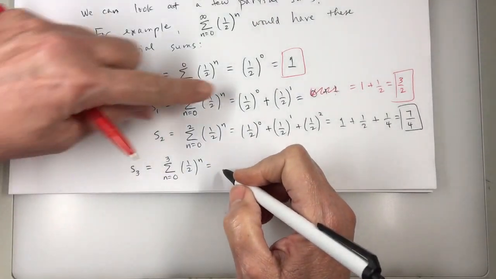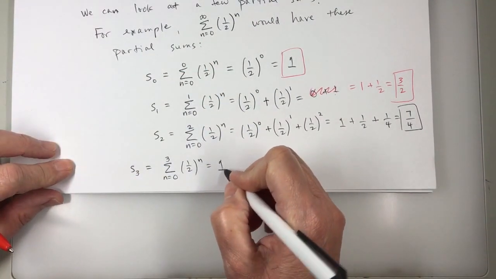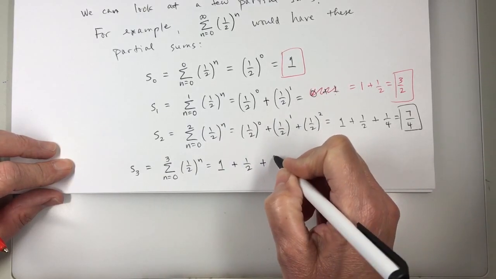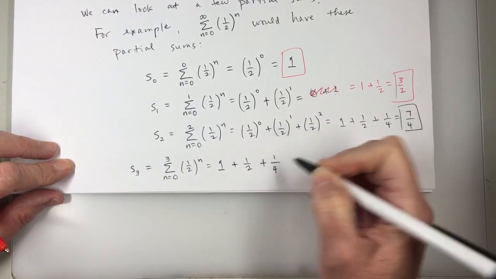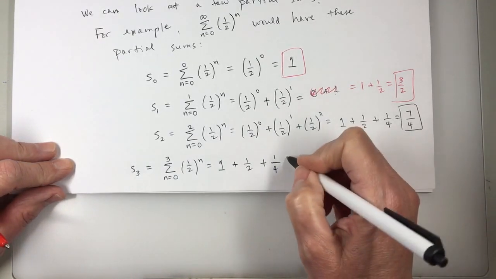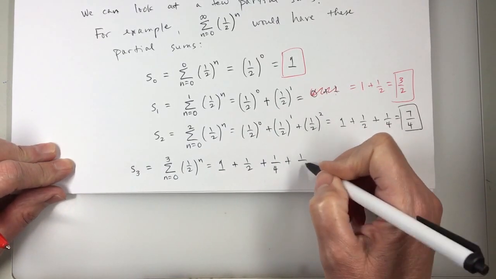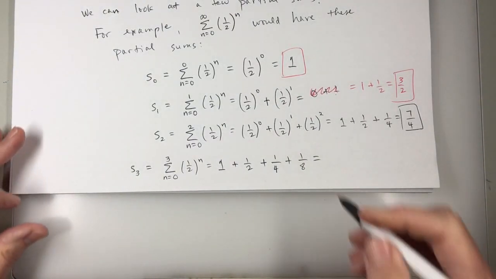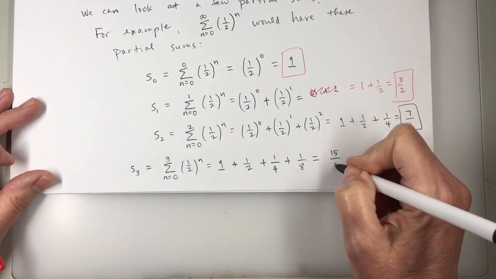That would be 1/2 to the 0, which is 1. 1/2 to the first, which is 1/2. 1/2 to the second, which is 1/4. 1/2 to the third, which is 1/8. And if you add those up, you will get 15 over 8.